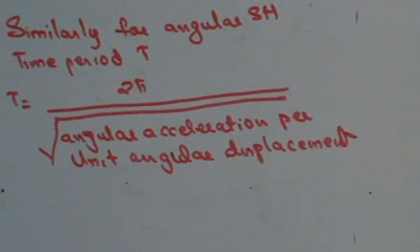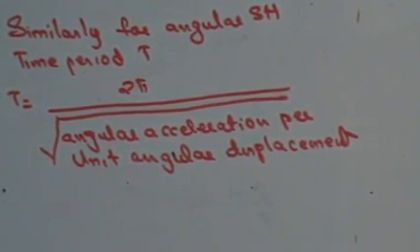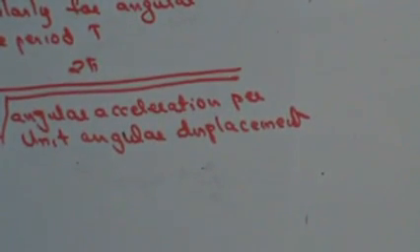Right? That is going to be my time period of an angular SHM. So do you understand what is an angular SHM? It is an oscillatory motion of the body in which torque is directly proportional to the angular displacement and is in the direction opposite to that of angular displacement.